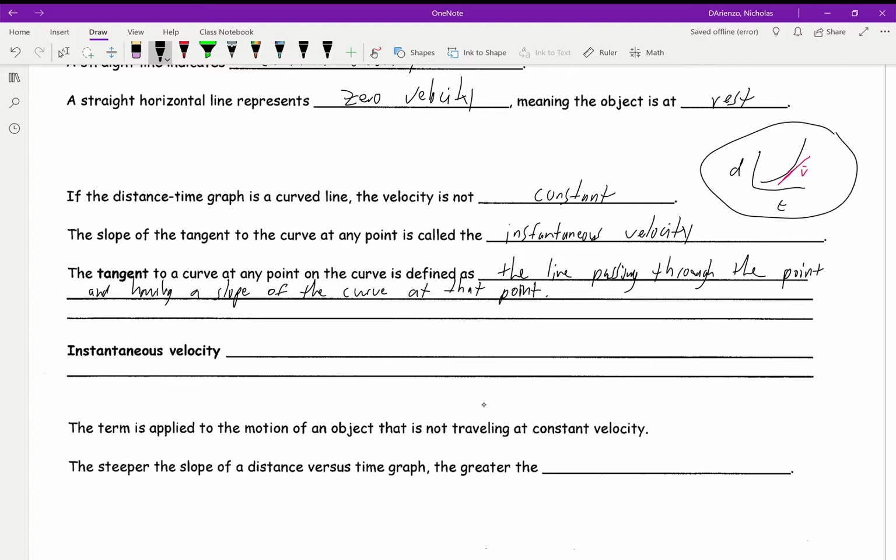So to define the instantaneous velocity, it is the velocity of an object at any particular point in time.